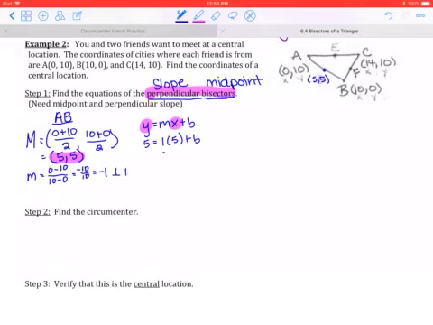So 1 times 5 is 5. If I subtract 5 from both sides, I get that the y-intercept is 0. So the equation of this line is y equals 1x plus 0, or just y equals x. So here is that perpendicular bisector equation.